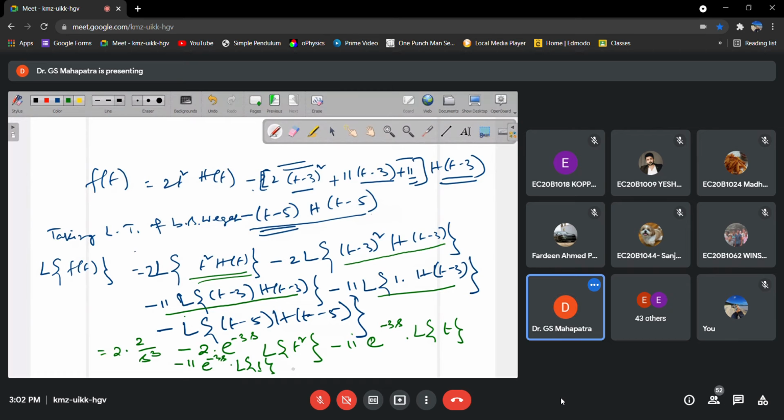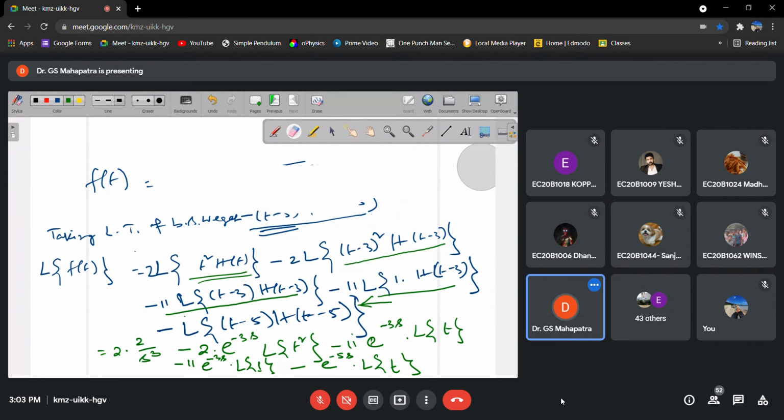Okay, minus final one, e to the power minus 5s into Laplace transform of, need answer, Laplace transform of for the final one, this one t. Correct.